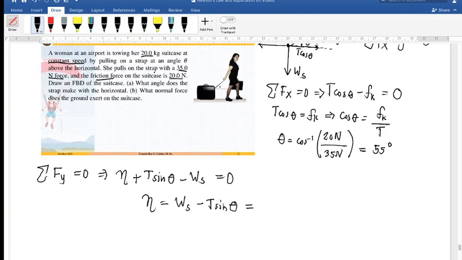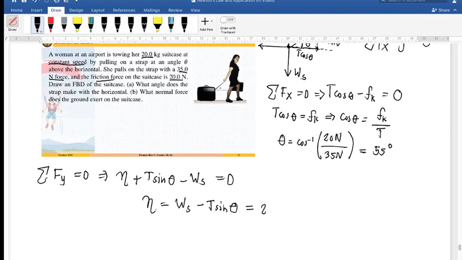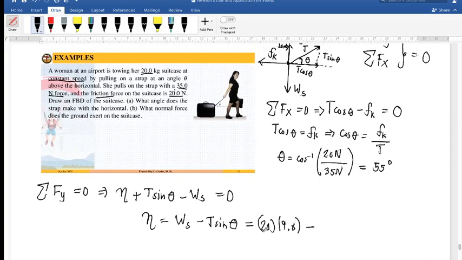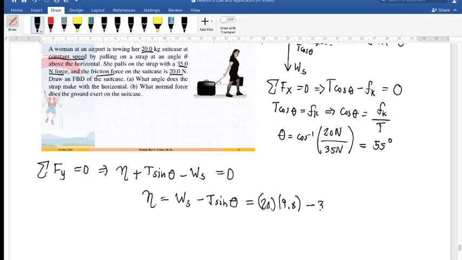So ano yung weight ng suitcase? So we have 20 kilogram times 9.8 minus the tension which is equal to 35 Newton, then sine of 55 degrees, kasi nakuha na natin yung angle ng theta. So we have here, how much is this one?